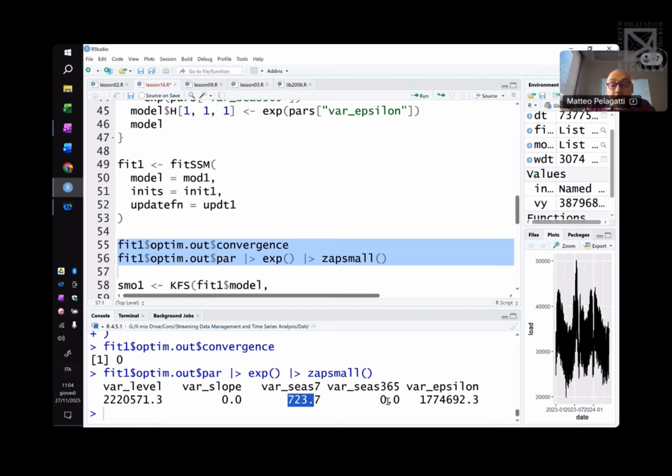And actually zero variance for the sinusoids, meaning that the within-year seasonality is not changing, which is fine because we're just working on almost 5 years, 4.5 years of observations. Of course, it's very hard to find changes of the within-year seasonality in 4 years. Maybe if we use 10 years, we have 10 years.